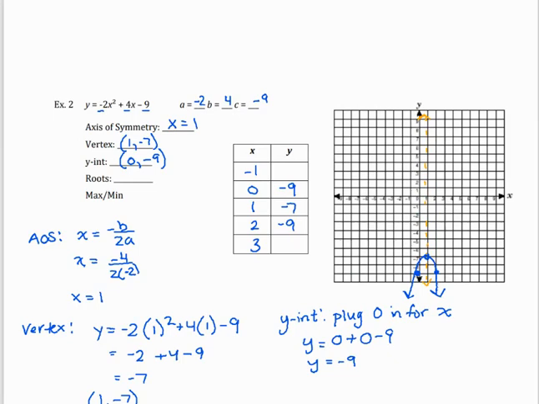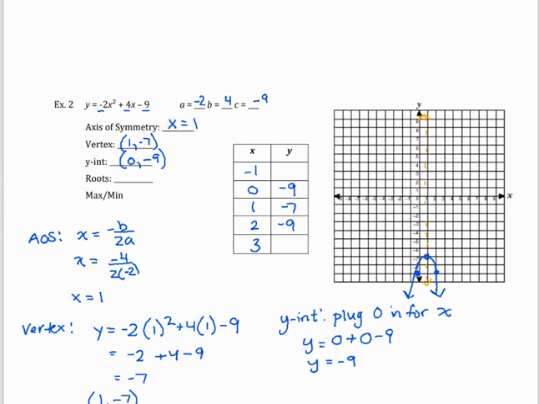And because we have a stretch of 2, we're not just going to go down 1 over 1, we're going to go down 2 over 1. And we'll talk more about transformations, but you may recall that from Algebra 2. If you're a little unsure with that, stick with your table. It's good to have at least 3 to 5 points so that you can make that curve and the width and skinniness appropriate.